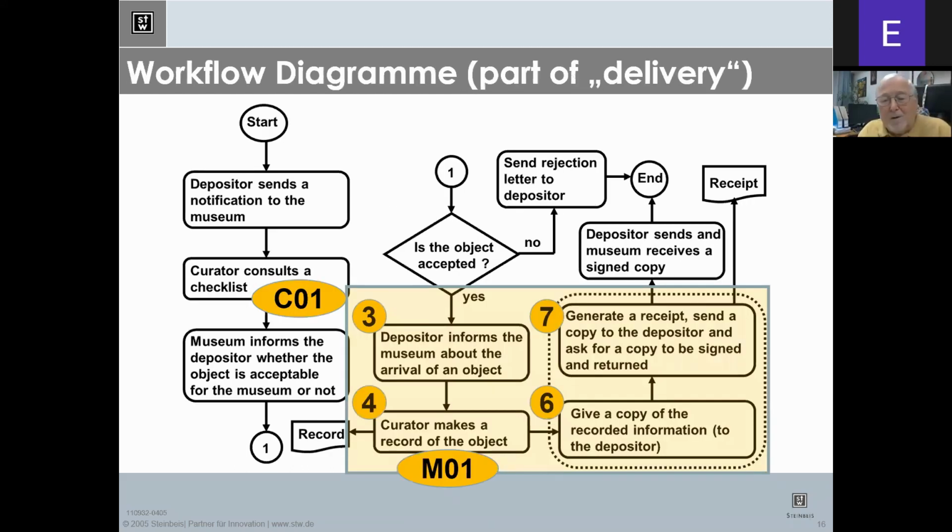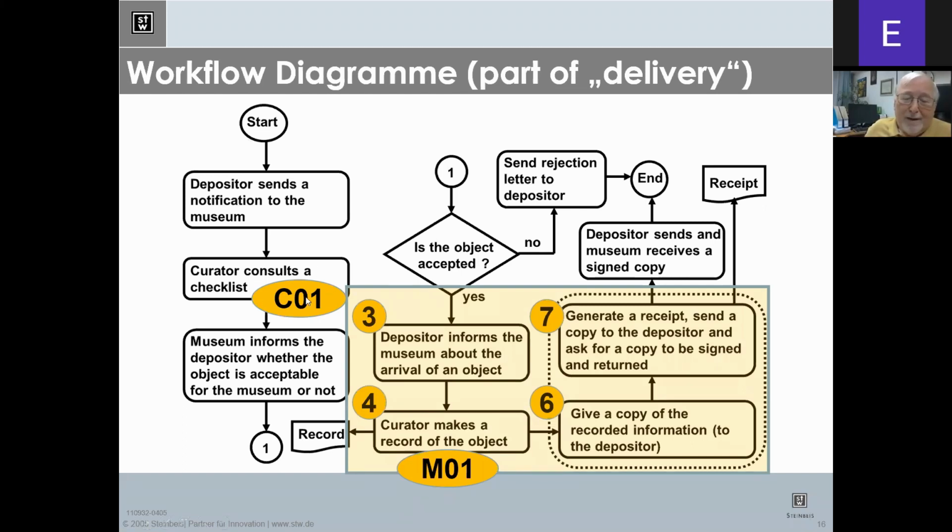And now we can model this in the old-fashioned workflow diagram. I think you're aware of this. And then we have a starting point. Then we have an activity. Depositor sends a notification to the museums. The curator consults a checklist.